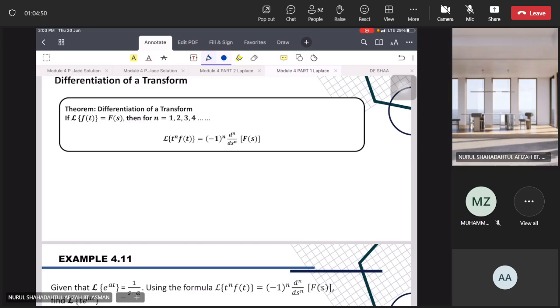Usually you use the derivative in dt, but this one is different. So you need to remember this transform. Anyway, never mind, you look at the example. I think this is the formula, same as this one.